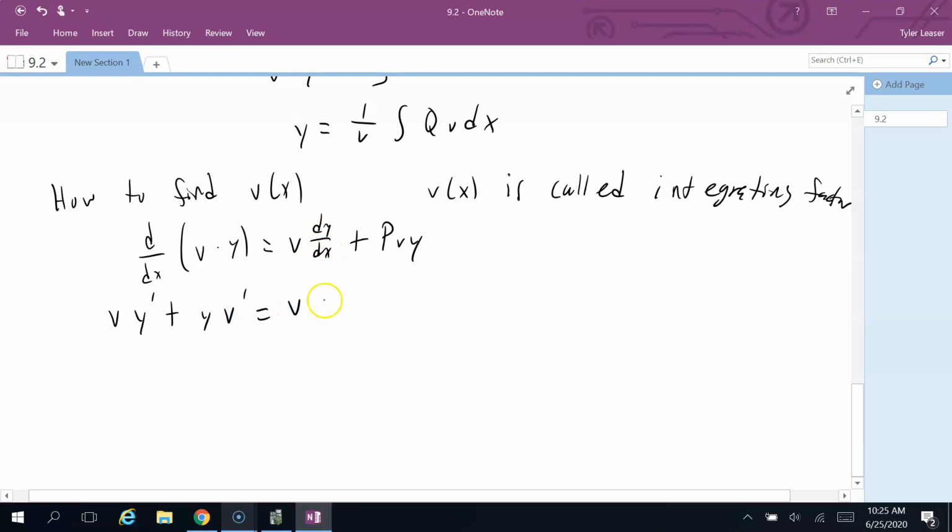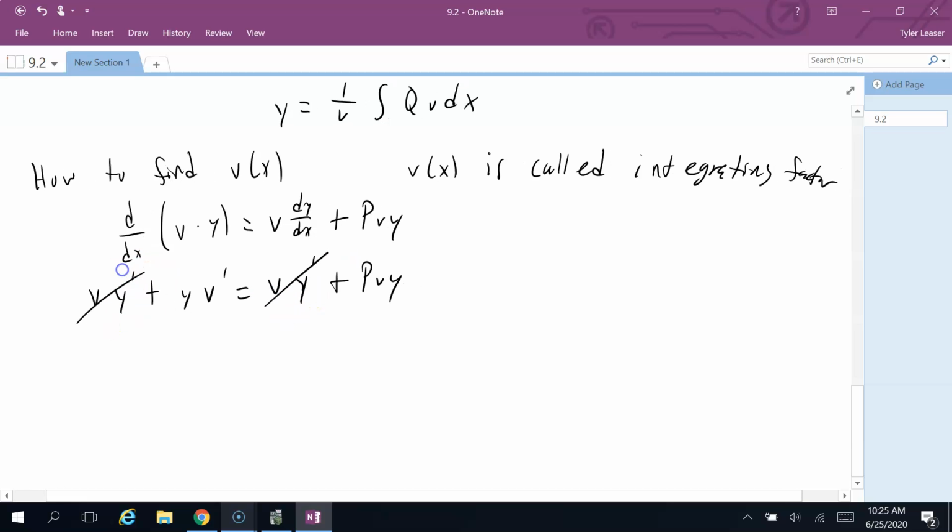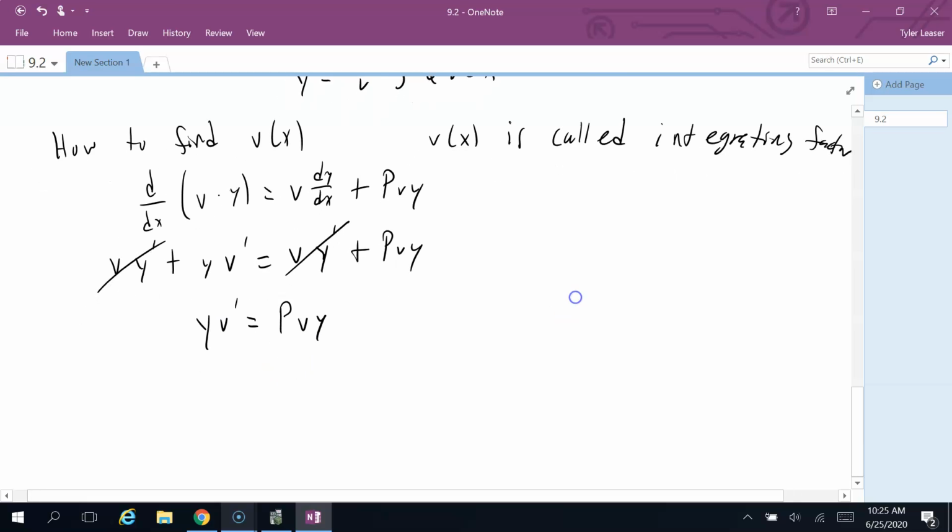I'm going to rewrite this dy/dx as just y prime. Now we can subtract v y prime from both sides, and that just disappears. So we have y v prime is equal to p v y. Both of these have a y on there, so I can divide by y.